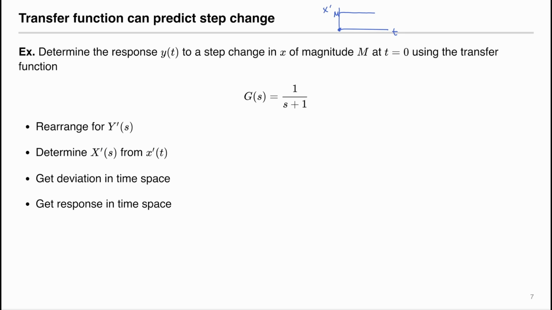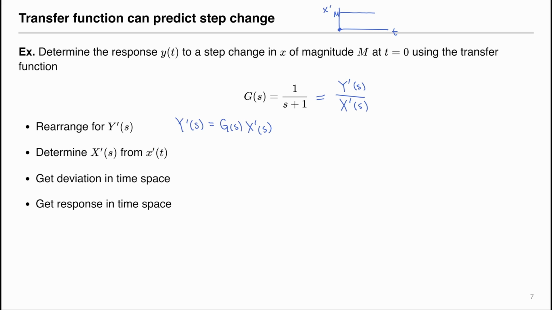And we want to first find big Y of s, because the definition of the transfer function is the output divided by the input in the Laplace space. We choose to use deviation variables. We want to rearrange big Y of s, so it is G of s multiplied by X of s.